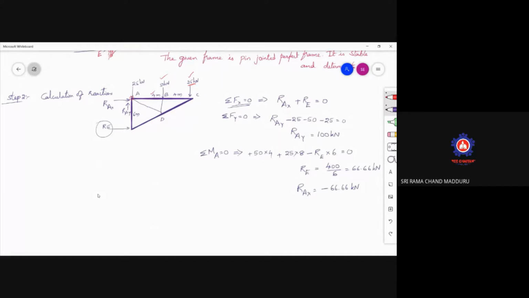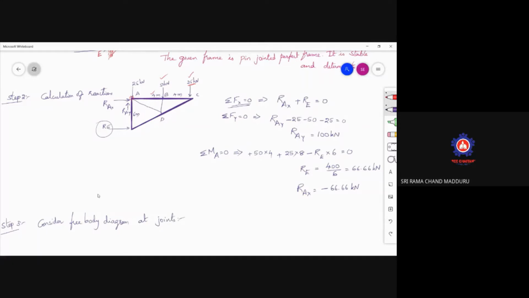Now we need to go for the next step, considering the free body diagram. So in step 3 we need to consider the free body diagram at joints.